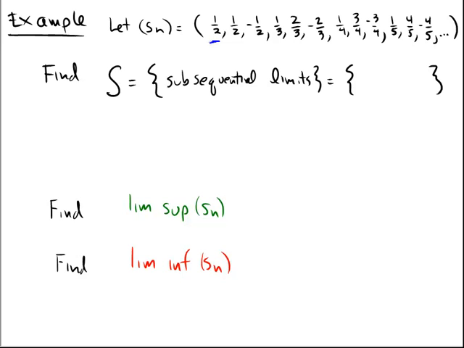So I'll take the 1/2 right here, the 1/3 right here, the 1/4 right here, the 1/5 right here, and if the pattern continues we'll get a 1/6 and a 1/7 and a 1/8 and etc. Where does that sequence head to? Well, as n goes off to infinity, the limit of this sequence is equal to 0. So we have a subsequential limit of 0.